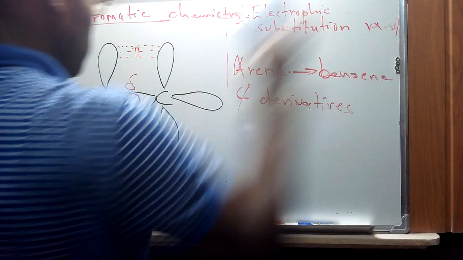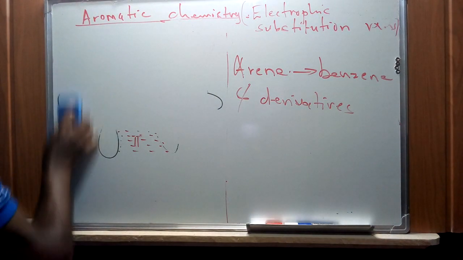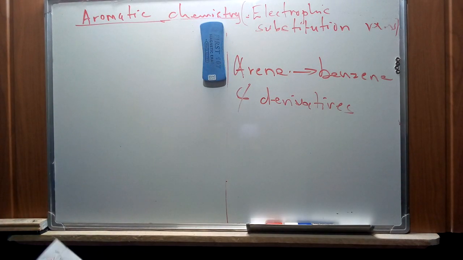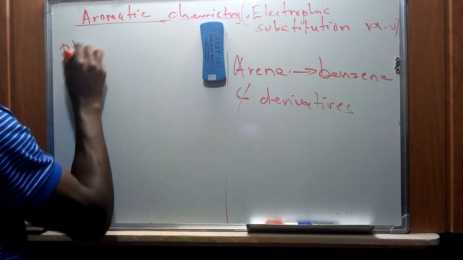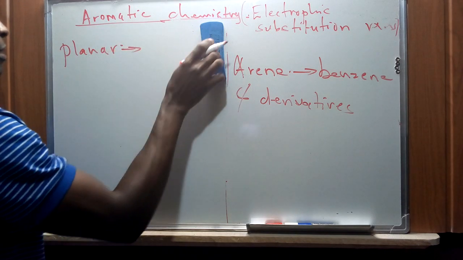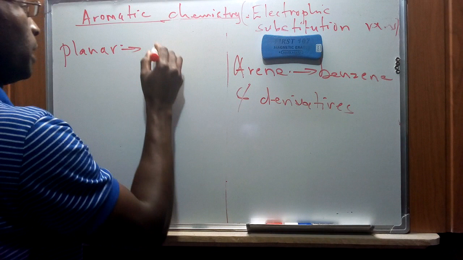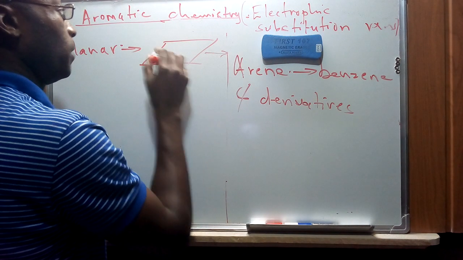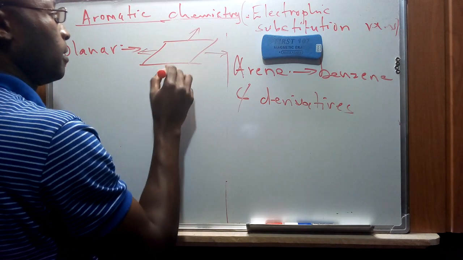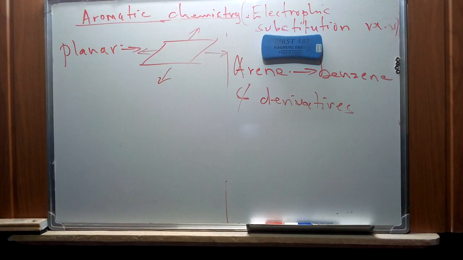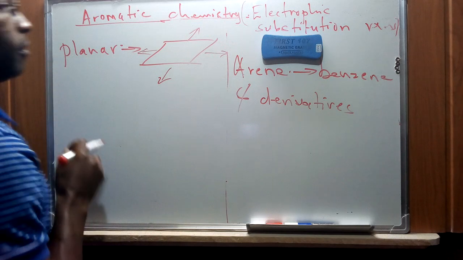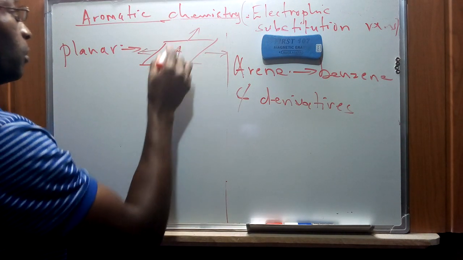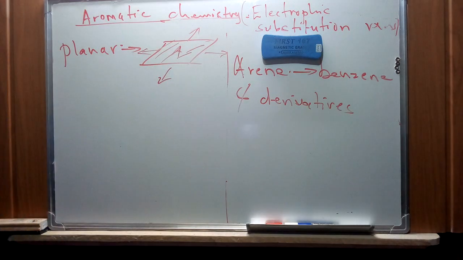We're going to see that the structure of benzene, as one of the representatives of aromatic compounds that we're going to use in our discussion, has what we call a planar structure. The term planar comes from the term plane, which is a two-dimensional figure that runs in four directions indefinitely. If I reduce it to this kind of boundary, I can call this my plane, maybe plane A. So this is the area that I'm referring to as a plane.